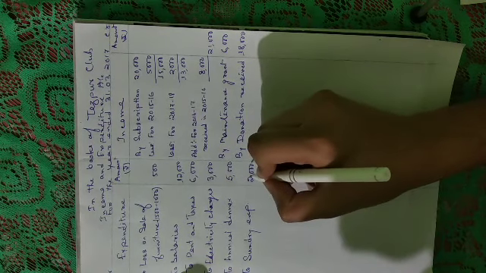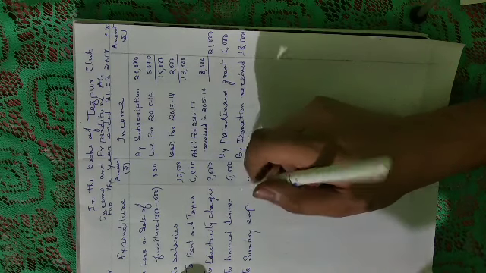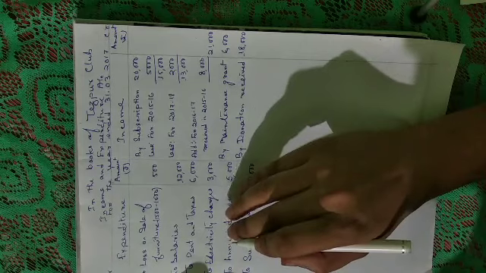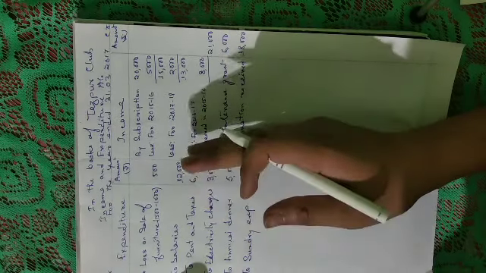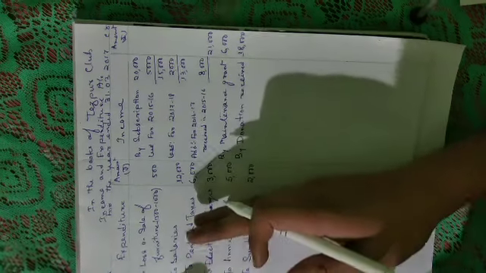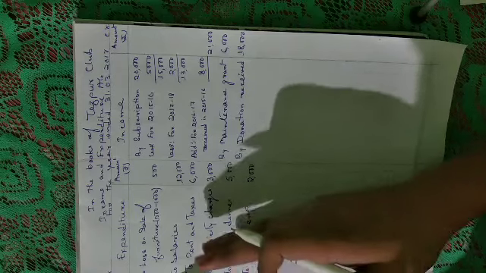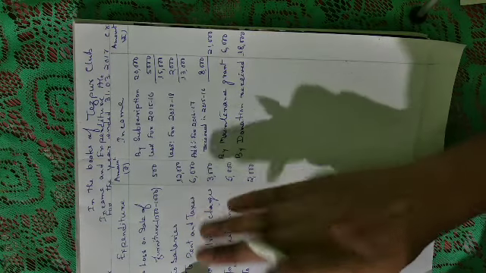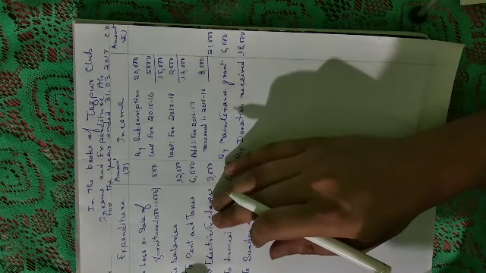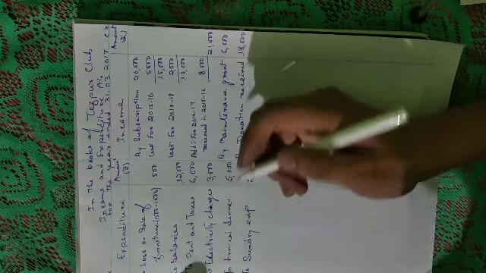Next is payment of outstanding expenses. Outstanding means it is related to the previous year, so it will not be considered in the income and expenditure account. Next, cash in hand is the closing balance, so it will not come.